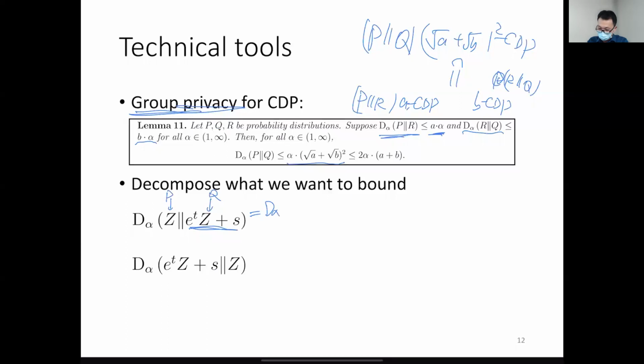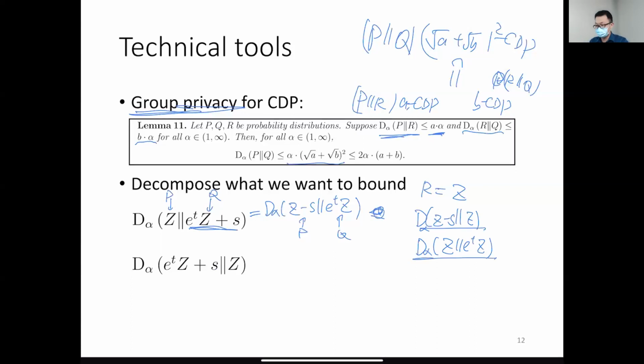So this is the minus S e to the power of T Z. Once we do this, we can call this P and call this Q, and then we can define R to be just Z. Then it suffices to bound minus S Z and D alpha of Z given e to the power of Z, right? It suffices to bound these two.